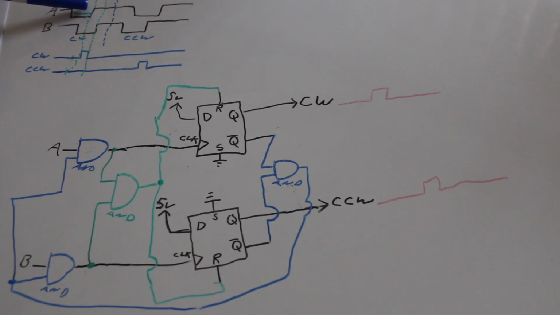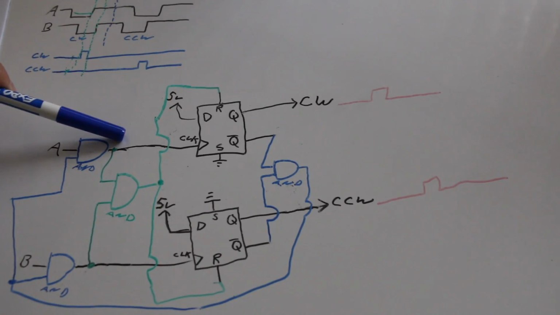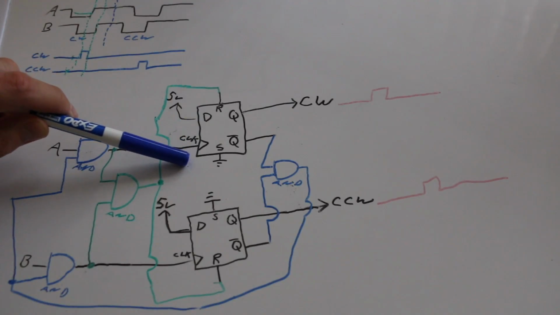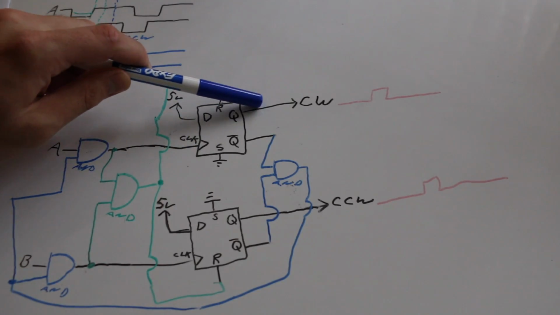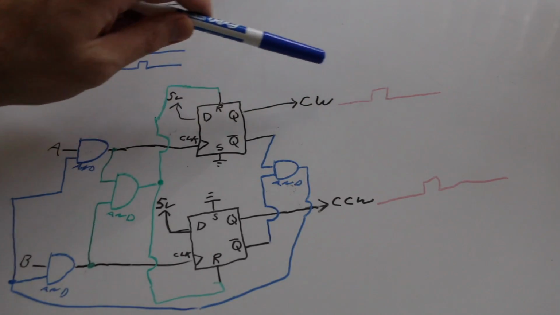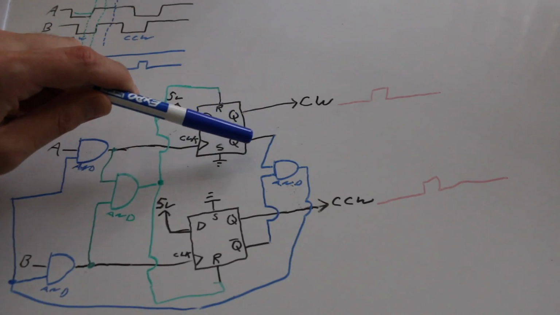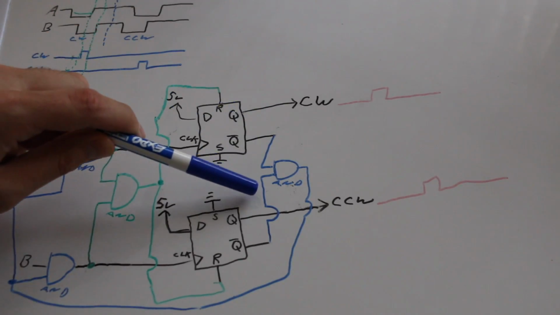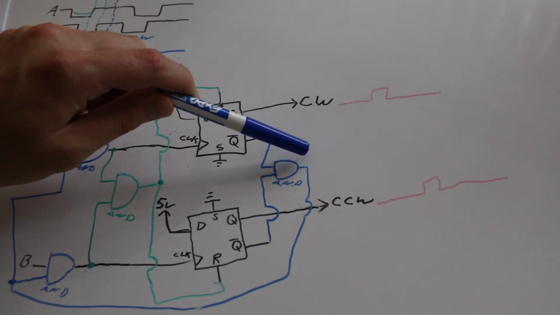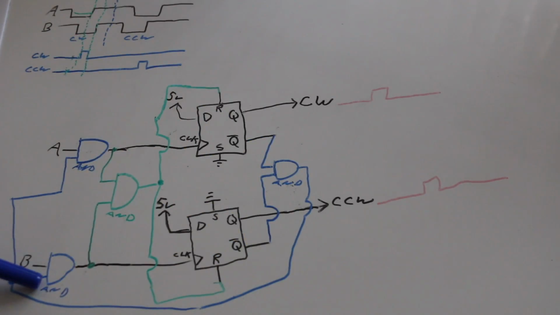But then the rising edge of A comes, so this goes high, the AND gate goes high, and the edge of the AND gate going high triggers a 1 to come out and start generating a clockwise pulse. A 1 on Q gives a Q bar of 0, so now we have a 0 and a 1, so this AND gate goes low, turns off the AND gate on each input, and now these can both change however they want.